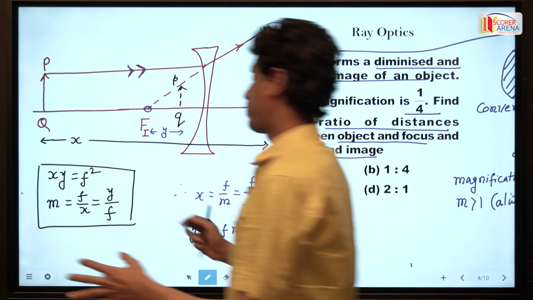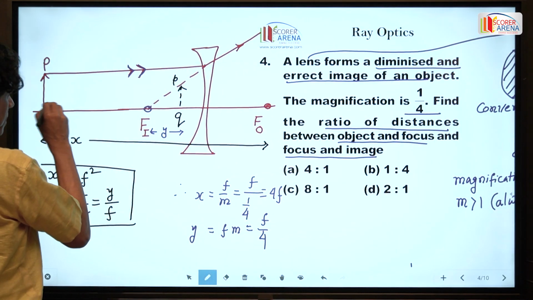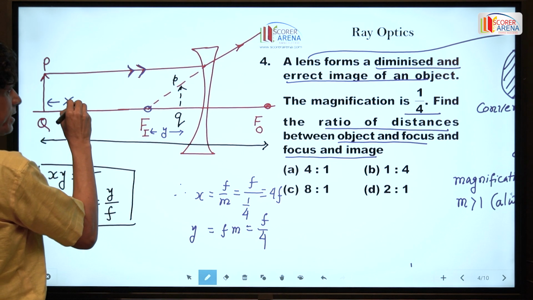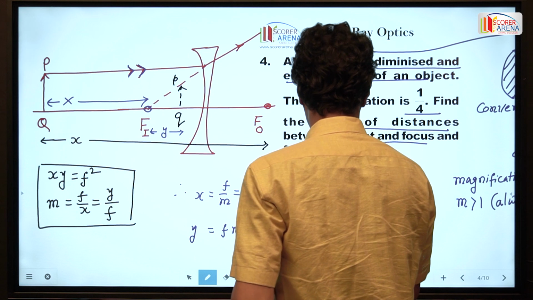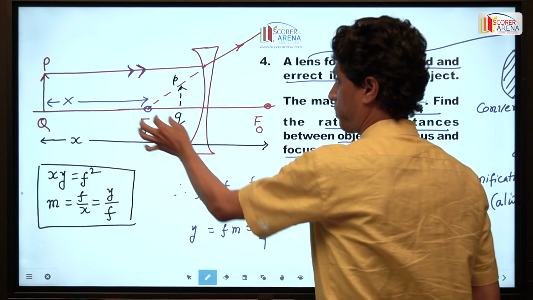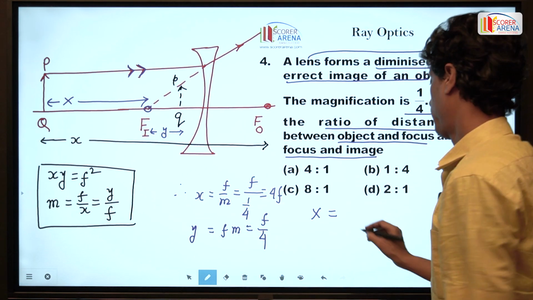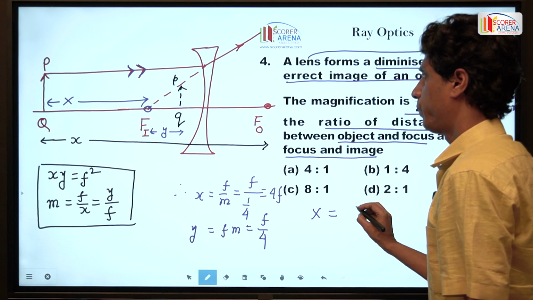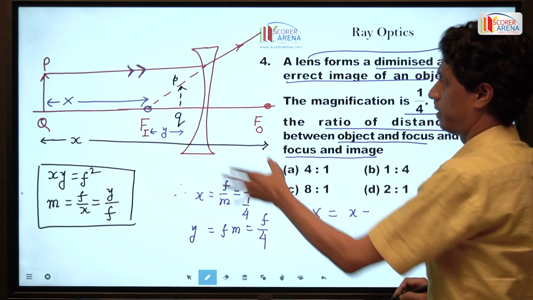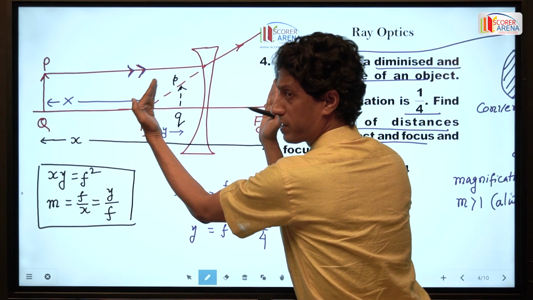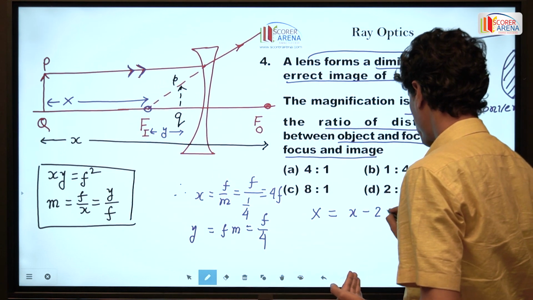So the distance from f suffix I, let us say it is x. It is actually x minus the distance between the two foci, minus 2f.